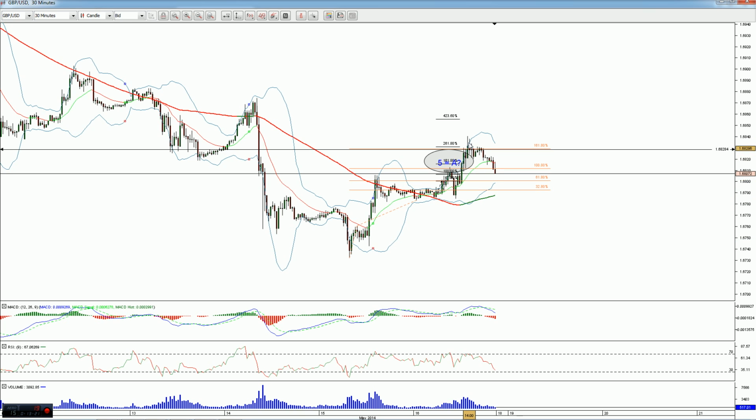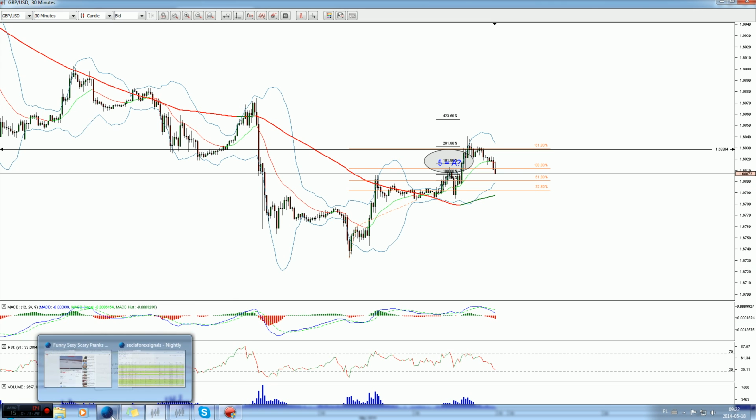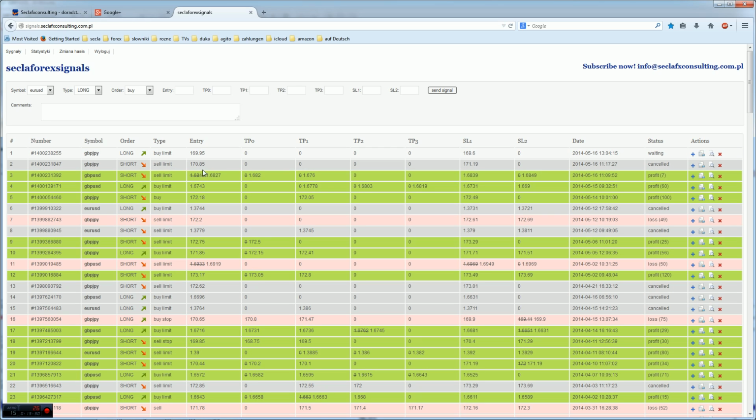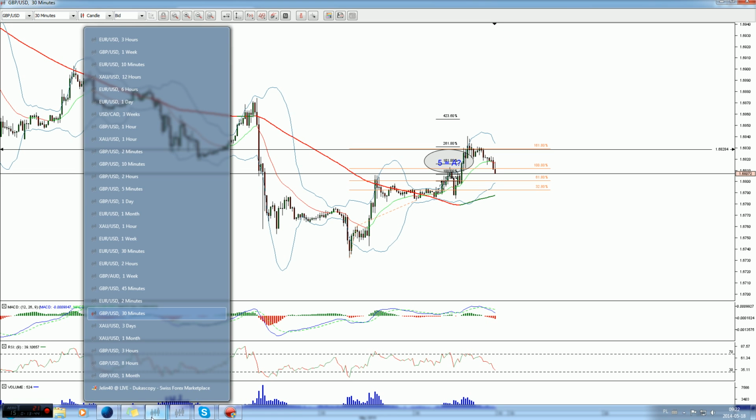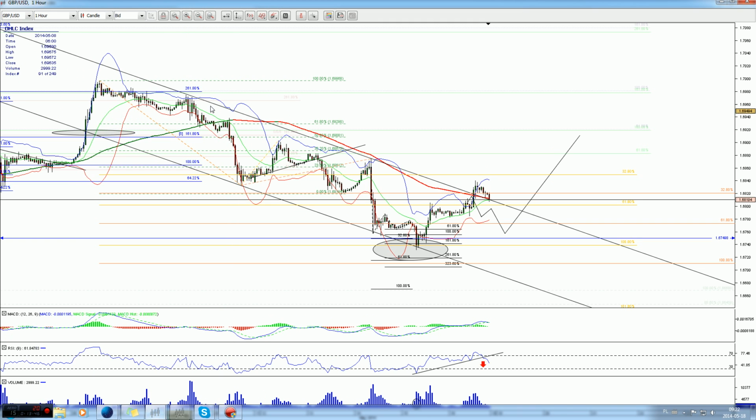Okay, but we have another position here. Actually, I've sent another signal for this situation. This entry, sell limit entry, and actually I send you a TP0 which says, okay, it's better to close the position a bit earlier, because I was a little bit afraid of this position. It was Friday afternoon, and I thought, okay, there might happen something to this.